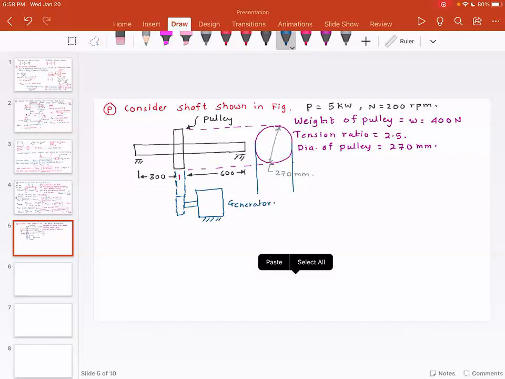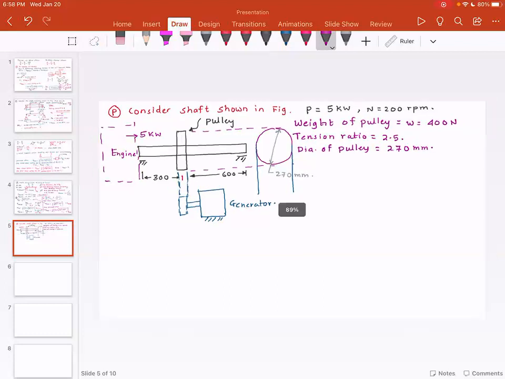Now if you look at the power flow, and this is very important, 5 kilowatts of power comes to the shaft. So probably the shaft is attached to some engine. There is an engine over here. The 5 kilowatts of power at 200 RPM is transmitted to the pulley, and this pulley is attached to another pulley through a belt drive.